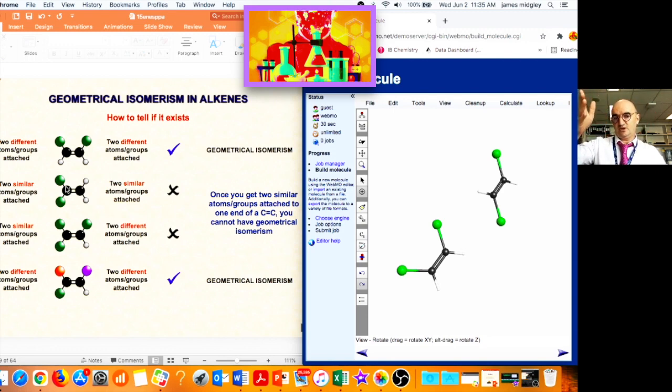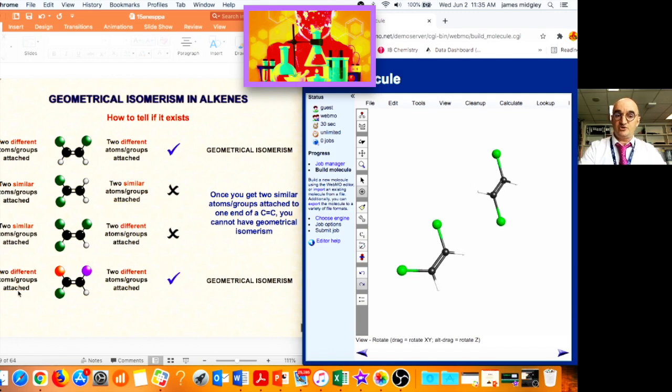Make sense? Or if you've got two of the same groups attached to either end, you cannot, because you're just flipping it round in space, moving it through 180 degrees.